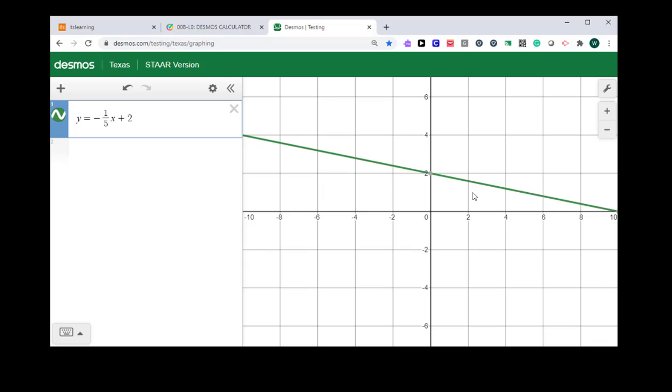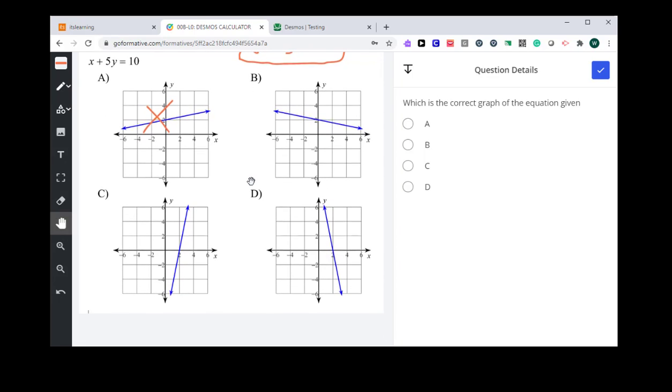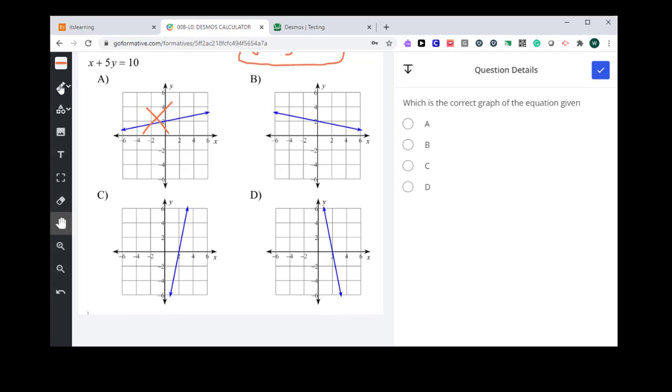And I also notice that I have a negative slope. So let's look over here. Here I have a positive slope, so that's incorrect. On the problems here on the bottom, so let me move this up a little bit. I notice that these guys right here don't even touch the y-intercept 2, so it's not this one, and it's not this one.